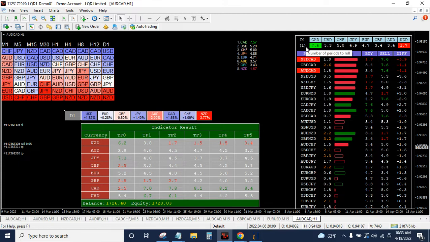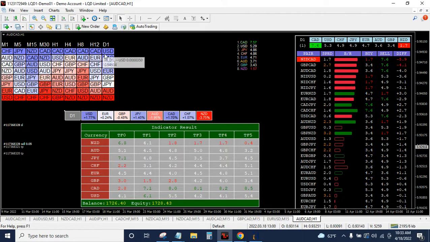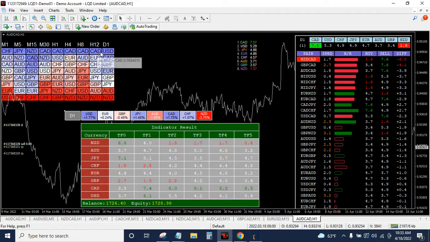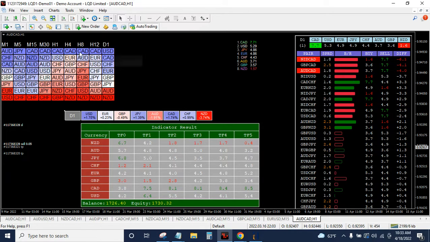The third criteria that has to be met will be from this dashboard. These are nine time frames here. Five of them need to be aligned for CAD to really establish itself as the strongest currency. Of those five time frames, two have to come from the highest time frames: H4, 8 hours, 12 hours, and daily.